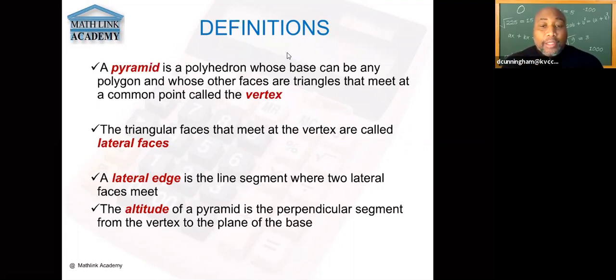The triangular faces that meet at the vertex are called lateral faces. A lateral edge is a line segment where two lateral faces meet. And then the altitude, or we sometimes call it the height, of a pyramid is the perpendicular segment from the vertex, the tip, down to the plane of the base.